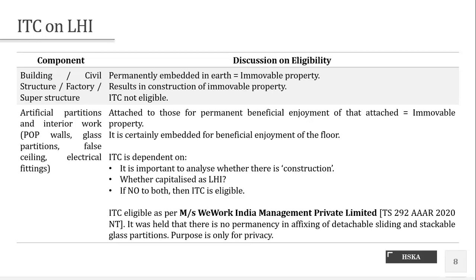Here I feel the discussion is whether it is important to understand if there is a construction happening, because I'm purchasing these products and fitting them into my building, and whether this is capitalized as leasehold improvements. Since I believe construction is wide enough to cover all of these elements, ITC would be ineligible.